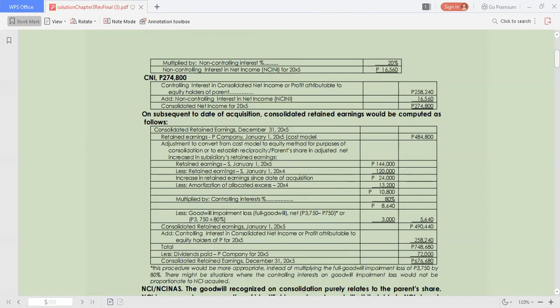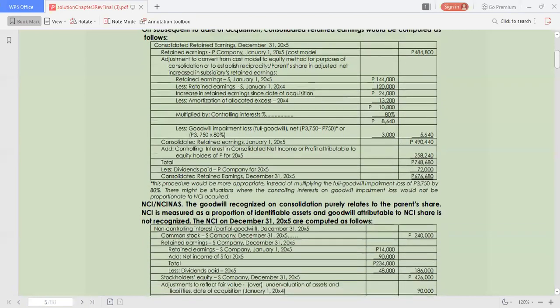Then we deduct the amortization of allocated excess of 13,200, and we multiply it by controlling interest 80%. We finally arrive at the goodwill impairment loss of 3,000 under full goodwill. Then we have the consolidated retained earnings, add controlling interest. We have now the total, deduct dividends, consolidated retained earnings on December 31, 20x5.